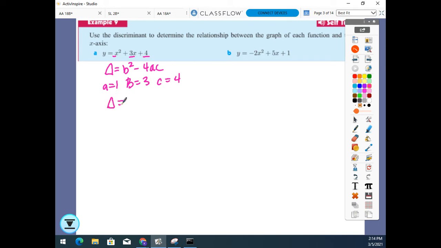The discriminant is b squared, 3 squared is 9, minus 4ac, that's 16. 9 minus 16 is negative 7. So it does not touch because it's negative.